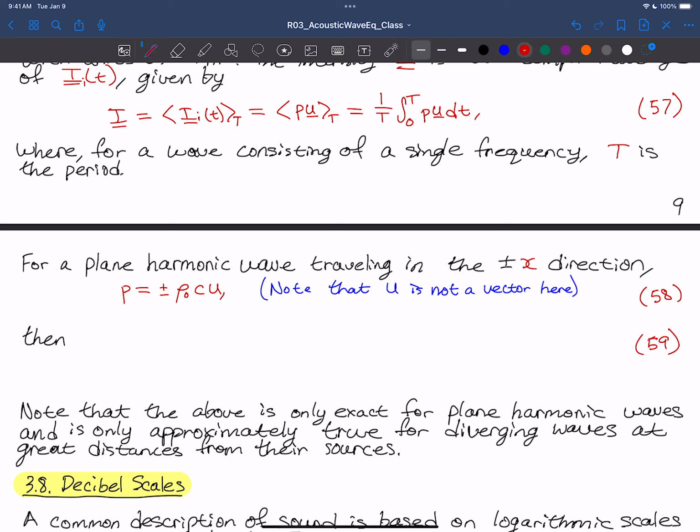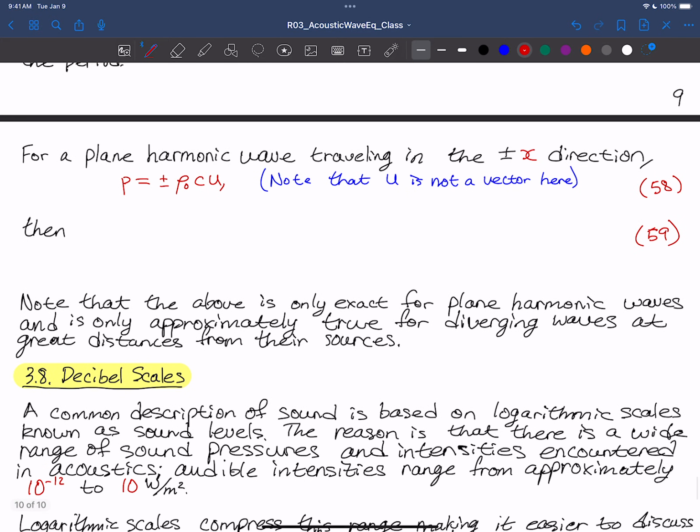So then we can compute our acoustic intensity I as being I equal to plus or minus the amplitude of that pressure wave, and we're going to use a script P here, so that's the amplitude of the wave squared divided by 2 rho 0 c.